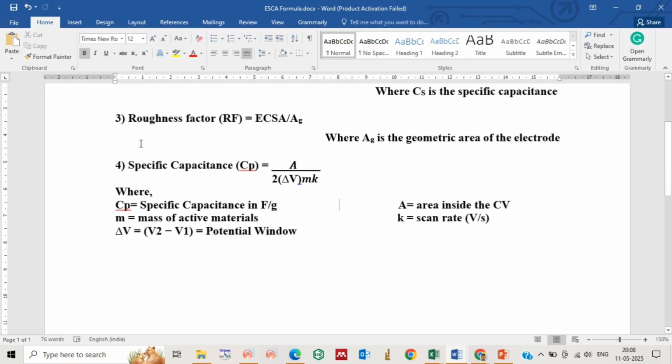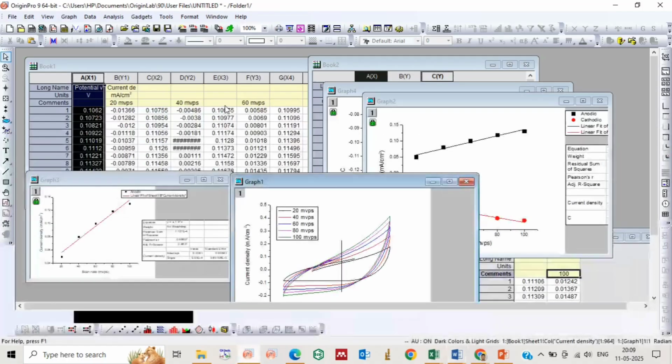Now moving to our last, that is specific capacitance of the material. So for this we need to calculate the area first. One thing I want to mention here is that the CS is the specific capacitance of the electrode, and this specific capacitance we are calculating is for the catalyst. So for calculating the area inside the CV, we need the CV here.